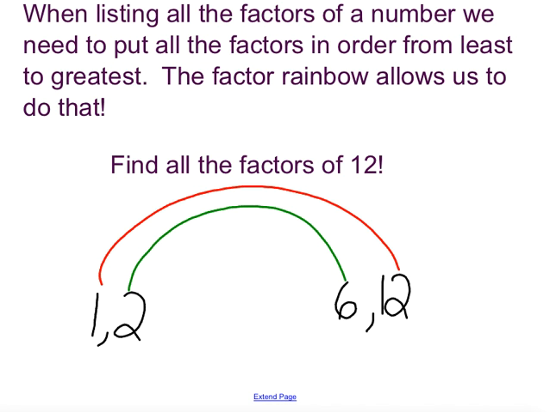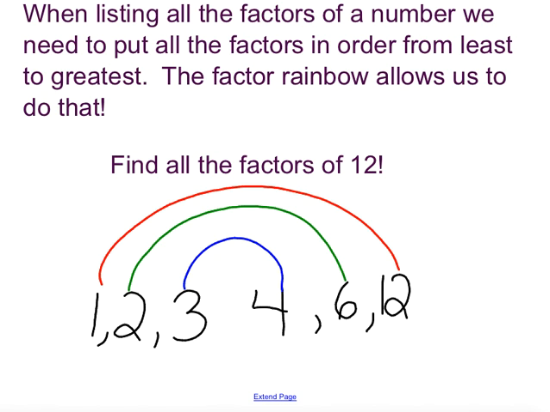Then I keep going on and I say, okay, let's try 3. 3 times what number will give me 12? So I know 3 times 4 will. So I'll do 3, 4. Okay. And then I will connect the 2 factors. And then after 3 comes 4. 4 is already there.